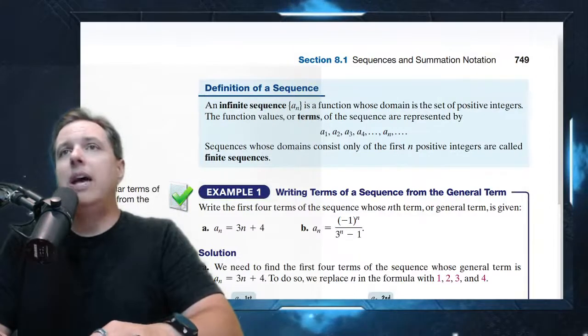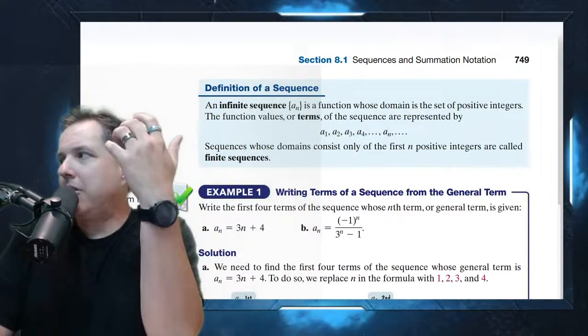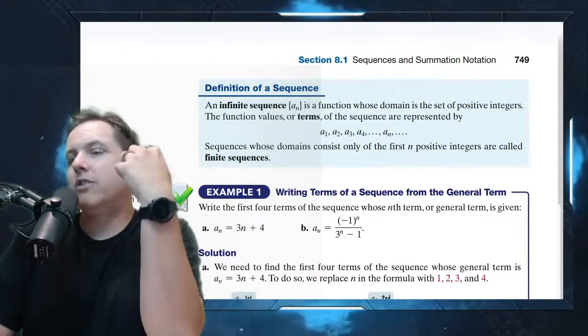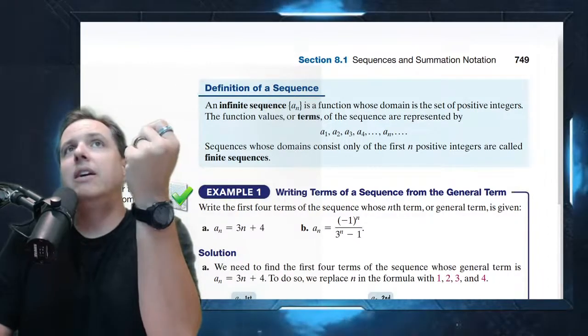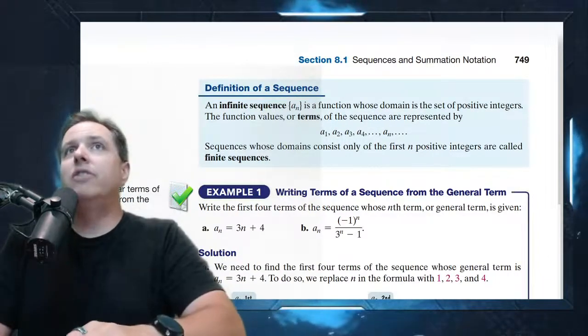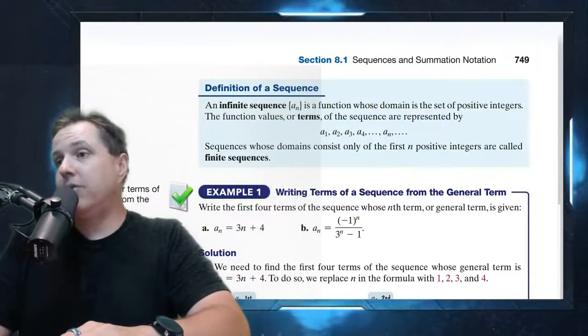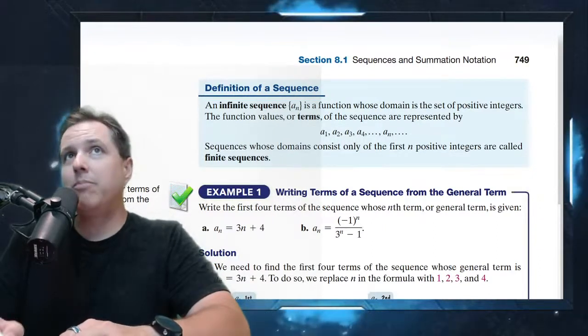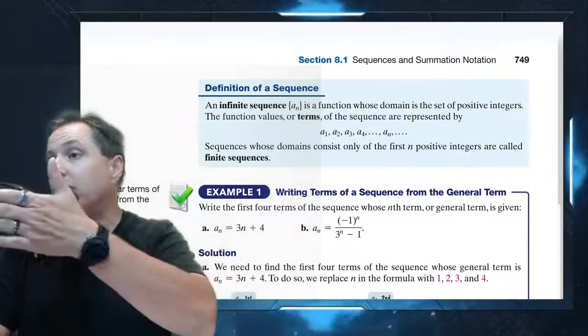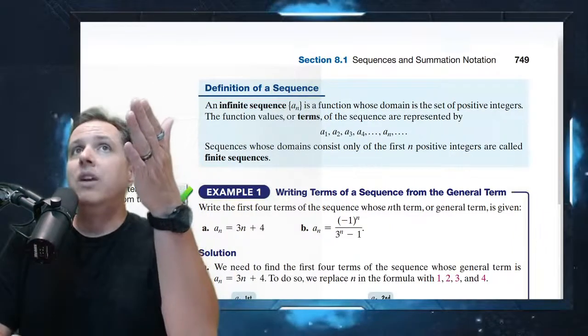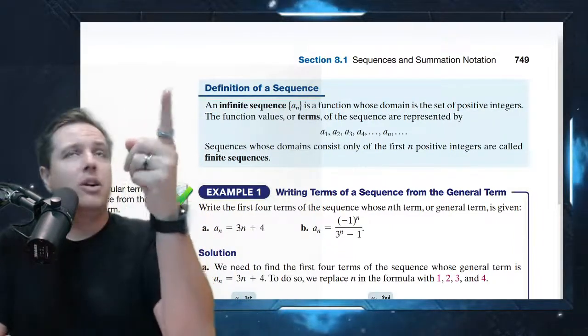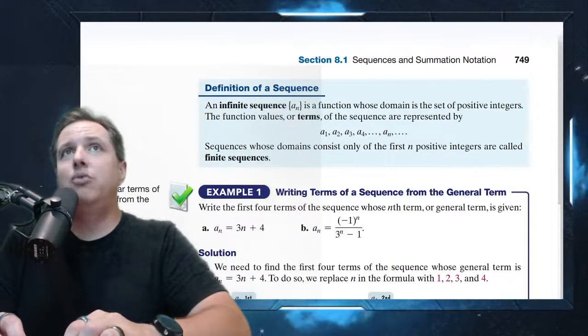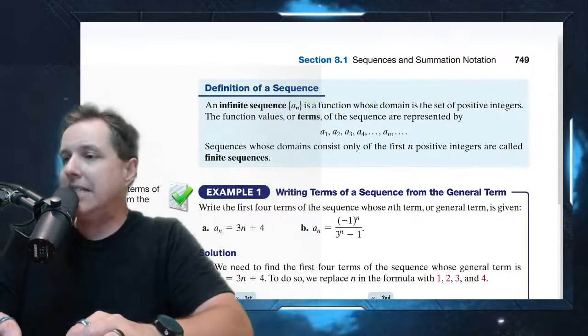So this is not the mathematical definition. This is just sort of the sloppy way that we would define a sequence. But you can think of a sequence as an ordered list of numbers, an infinite ordered list of numbers, right? So ordered, and the order matters in a sequence. And infinite, so this book actually draws a difference between an infinite sequence and a finite sequence.